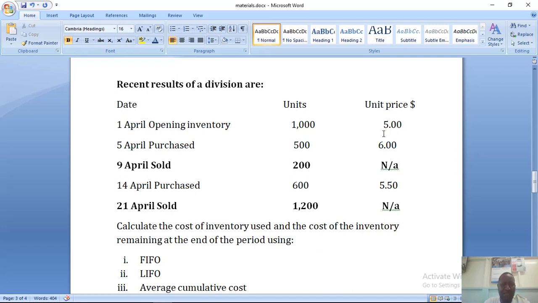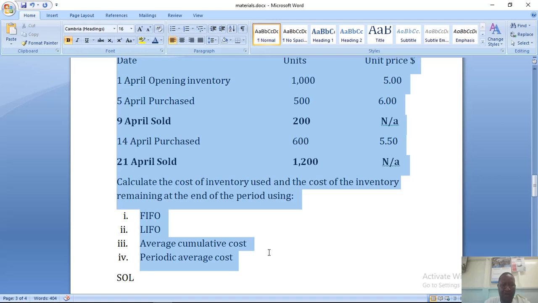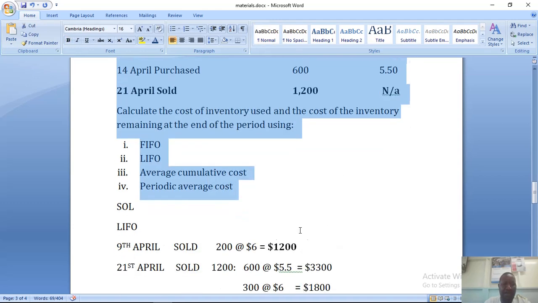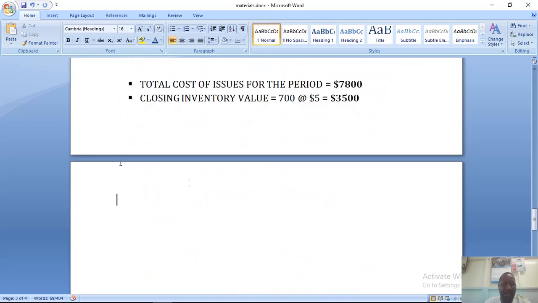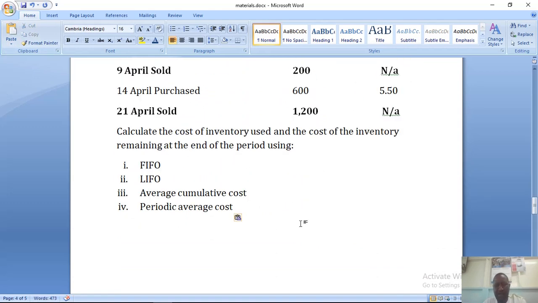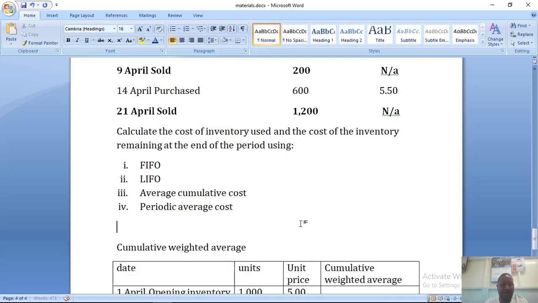Now let's move on to the third method of inventory valuation, or method of pricing issues. The third one is the accumulated average. Under the accumulated average method, you have to calculate the average cost at each stage you make an issue.